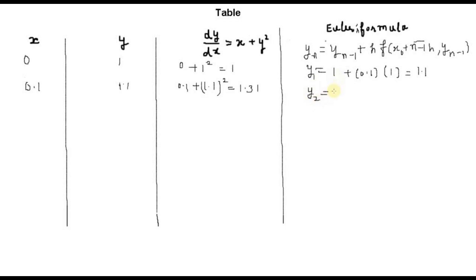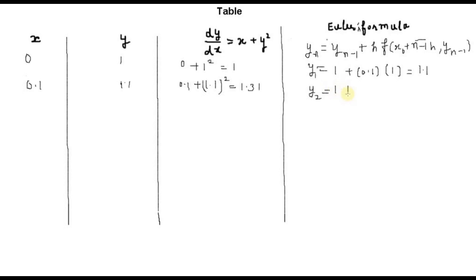So y2 can be obtained in this way: y2 is equal to 1.1 plus 0.1, which is fixed, times 1.31. When we calculate it, this will be obtained as 1.231. The next step is 0.2.